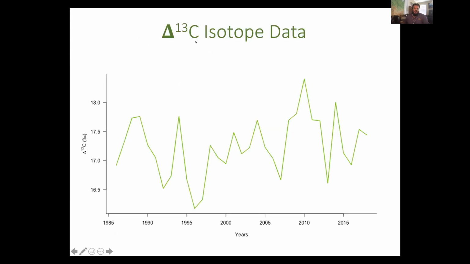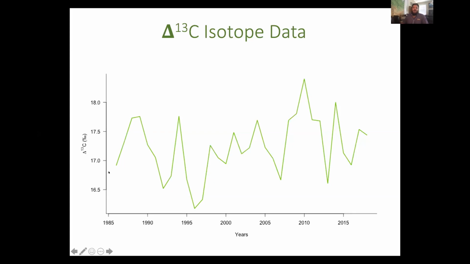So here, I'm going to keep it pretty simple for today's graphics. Here is a time series of 31 years, I think, of carbon isotope data. This is what we call big delta, so discrimination, from 1986 to 2017, I believe.